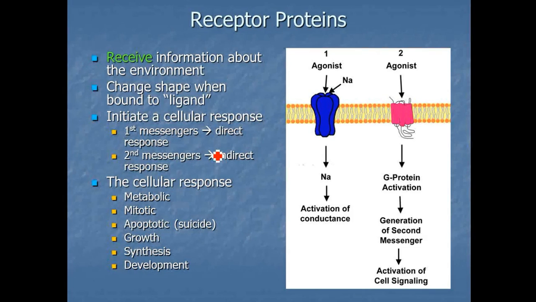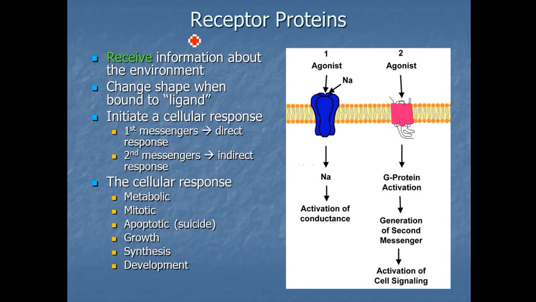They can cause the cell to commit suicide or to kill itself for the good of the whole organism. They can cause cells to grow. They can cause cells to make things, for instance, to make hormones or to make more proteins or sugars. And they can cause the cell to develop or differentiate and specialize into particular types of cells that the body might need. So receptors we're going to talk a lot about.